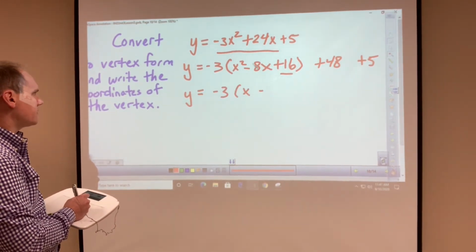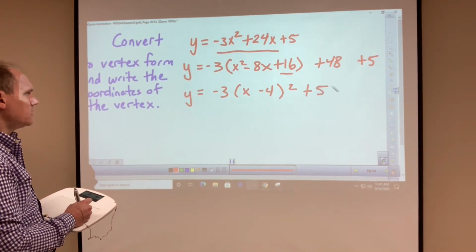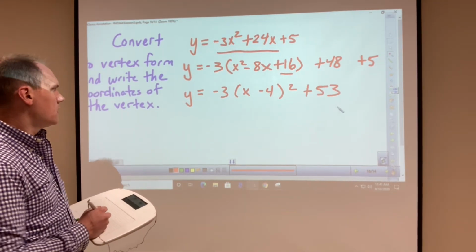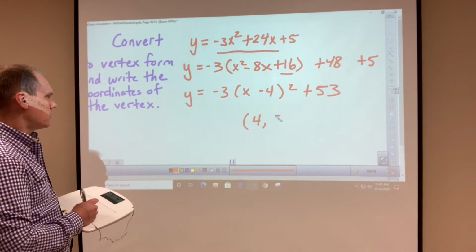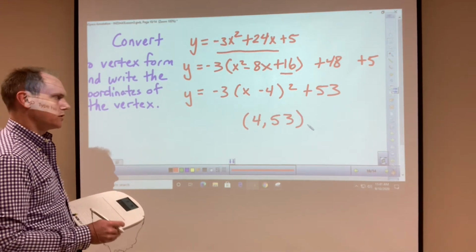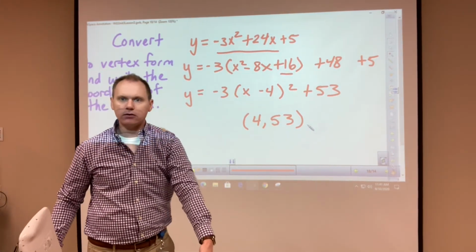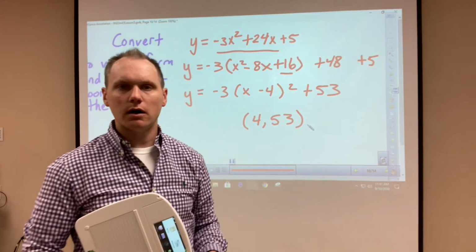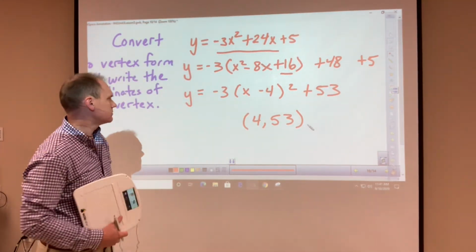Again, it's always going to be half of b, so x minus 4 squared plus 53. So therefore, the vertex is positive 4 and 53. All this negative 3 does is it makes it concave down, makes it open downward, and vertically stretched a little bit, which makes it a little bit skinnier.